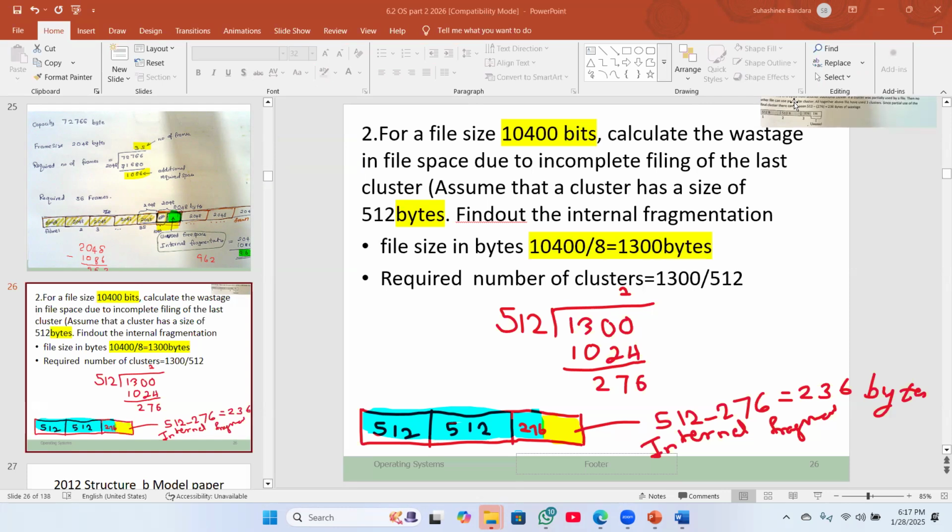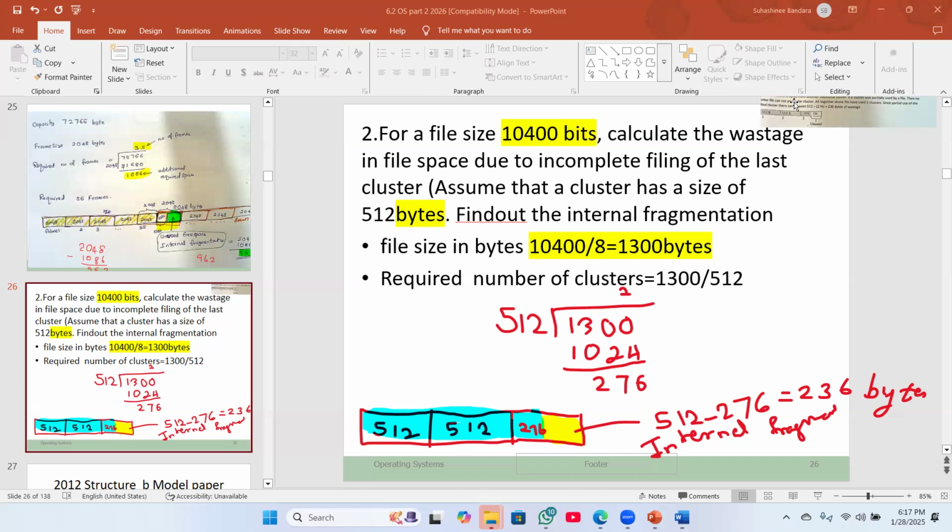So you will get 1,300 bytes. So the file size is 1,300 bytes. Assume that the cluster has the size of 512 bytes. So find out the internal fragmentation.